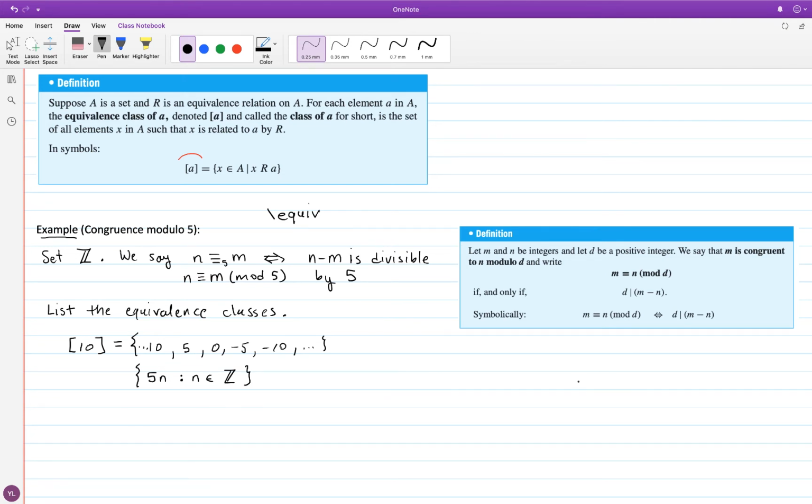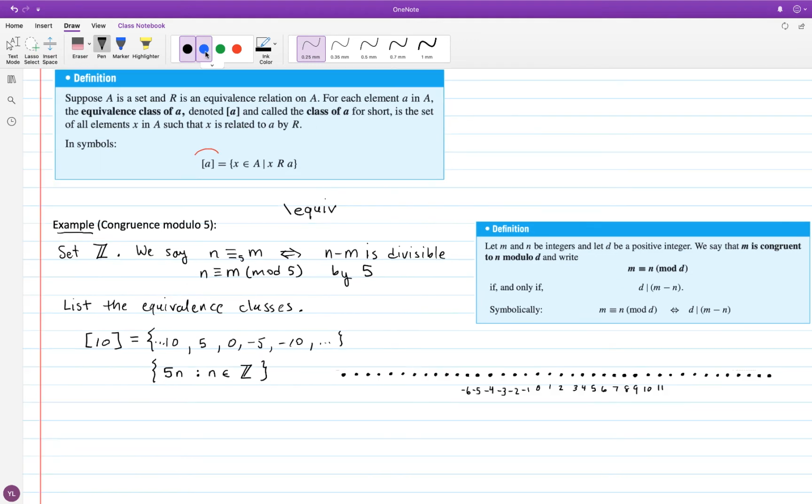So I'm going to draw all of the integers as dots, and I'm going to color in the equivalence class of the integer 10. So I'm going to color in all the numbers that are multiples of 5: 0, 5, 10, 15, 20, and so on.